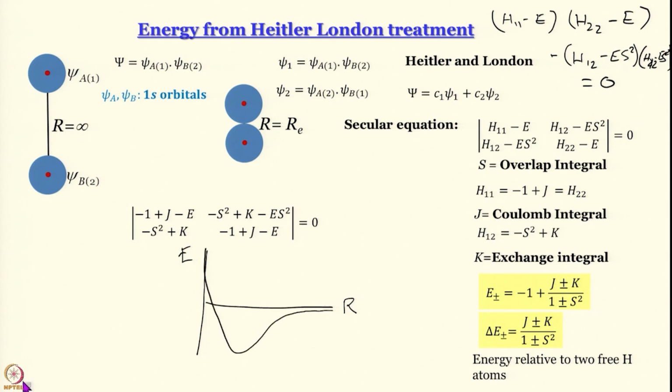Sorry, bad drawing. Even for me it is unacceptable. Zero, when it is very far away, coming close, goes down, then turns around, goes up and something like this. Okay, this is a little better, E plus. What about E minus?